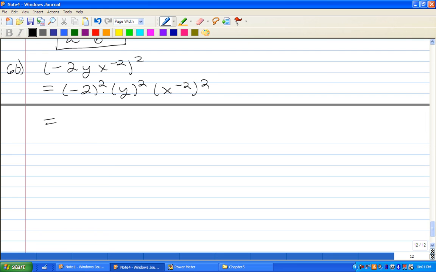Negative 2 squared is just 4. y squared, well, that's y squared. x to the negative 2 squared as well. Negative 2 times 2 is a negative 4. Again, I have a negative exponent, so I'll bring this from the numerator to the denominator. And so I have 4y squared over x to the 4th.